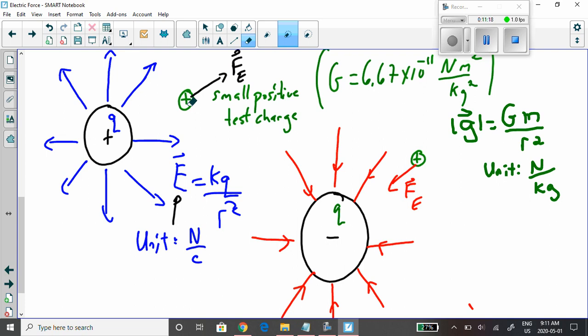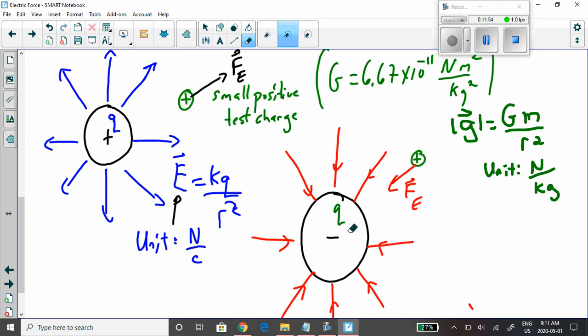And I could maneuver this small positive test charge anywhere around the charged particle I'm investigating, trying to figure out its electric field, and I would always have repulsion. So therefore, by definition, the electric field outside a positively charged object always points away. Look at these blue arrows. They're always pointing away. And that direction is established by definition of using a small positive test charge to analyze an electric field.